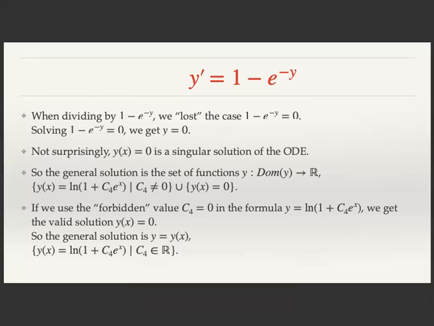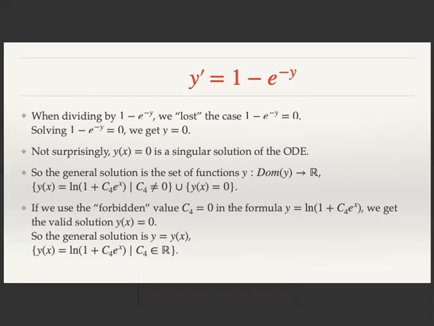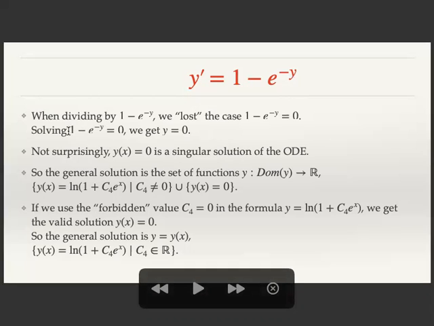Right, so we cannot divide by 0. If 1 minus e to the minus y is equal to 0, then we cannot use the previous method. We have to consider this case separately. What happens if 1 minus e to the minus y is equal to 0?